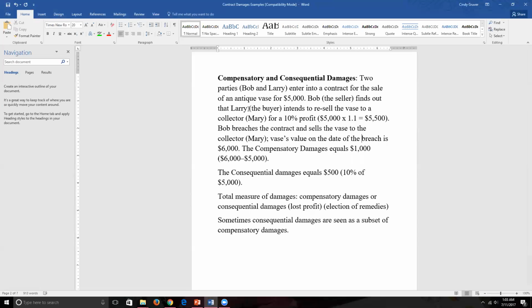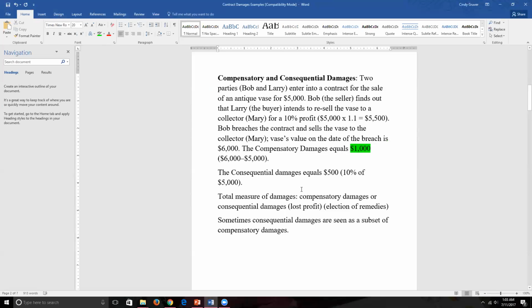But actually Larry had a contract to buy it for $5,000. So his compensatory damages are $1,000. He should be able to sue Bob for $1,000. That's one way of approaching this equation.